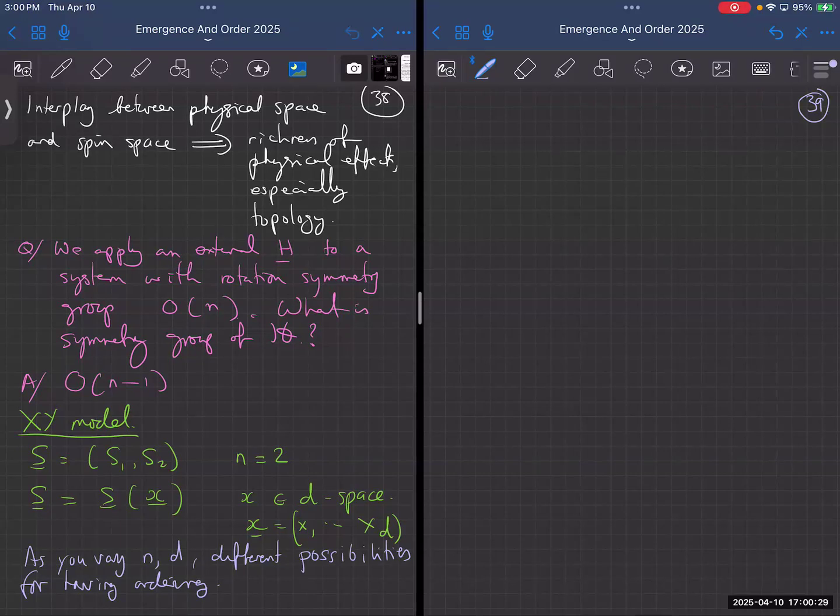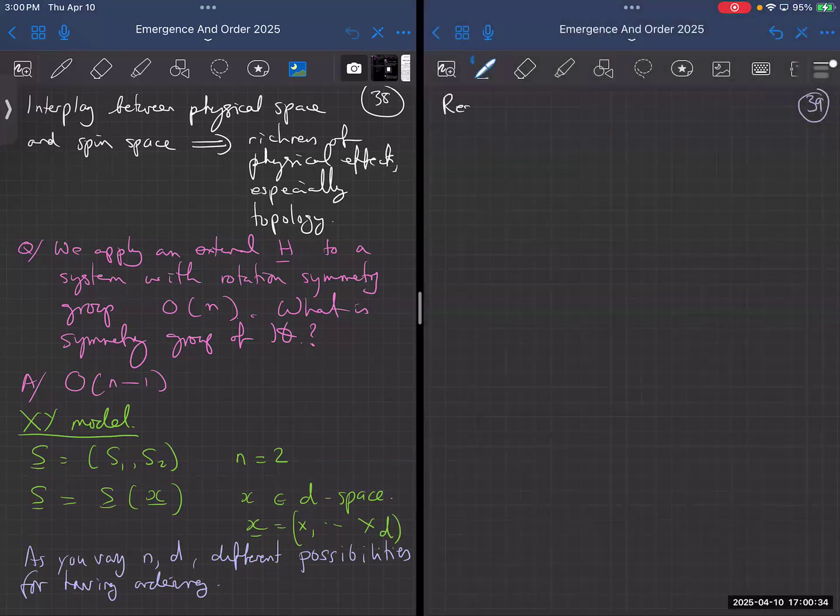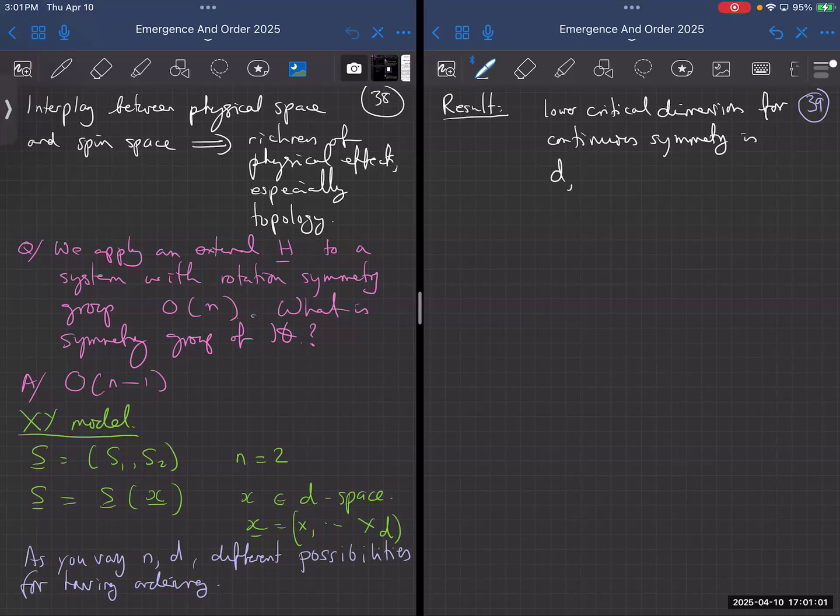So the result is that the lower critical dimension for systems with continuous symmetry is D lower critical equal to 2 and not 1.